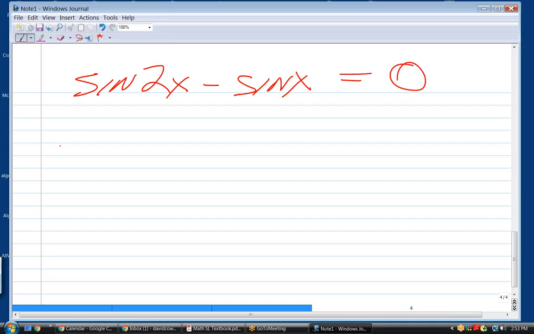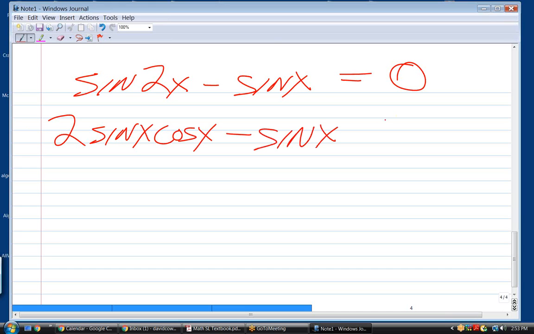On every one we've ever done of these, the first step is to use the double angle identity. So 2 sine times cosine, minus sine equals 0. Now what? Now it becomes a factoring problem.